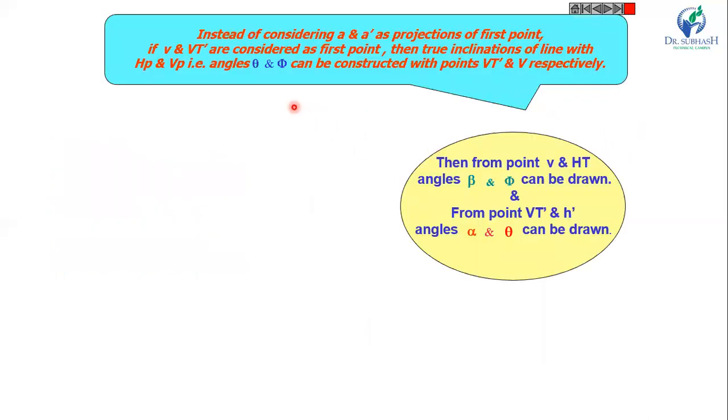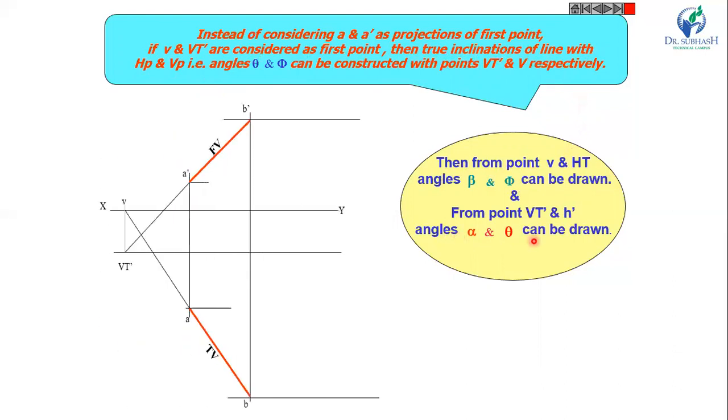Now another concept: instead of considering A and A dash as projections of the first point, if V and VT are considered as the first point, then the true inclinations of the line with HP and VP, that is the angles theta and phi, can be constructed with points VT and V respectively. So from point V and HT, angles beta and phi can be drawn, and from point VT and H dash, angles alpha and theta can be drawn.